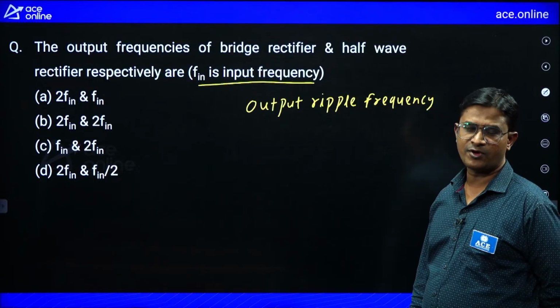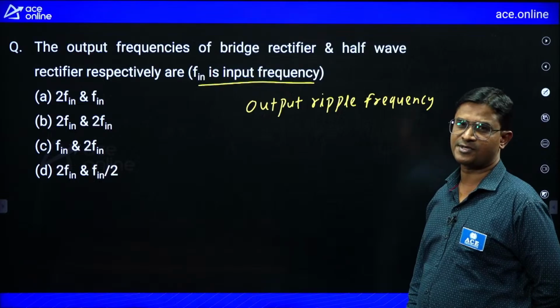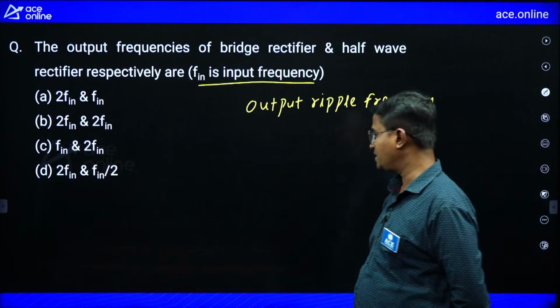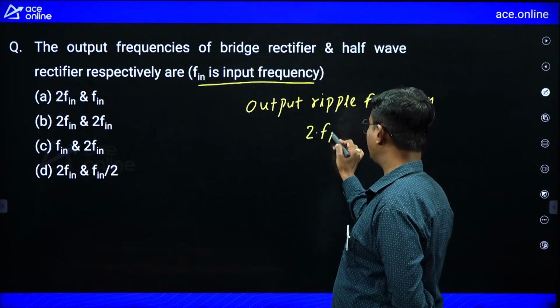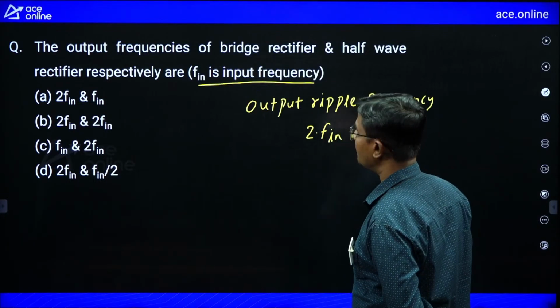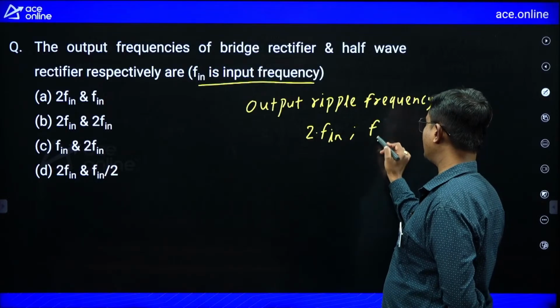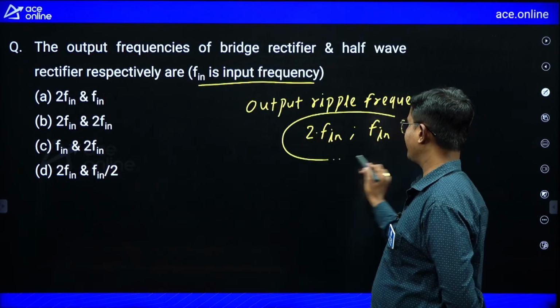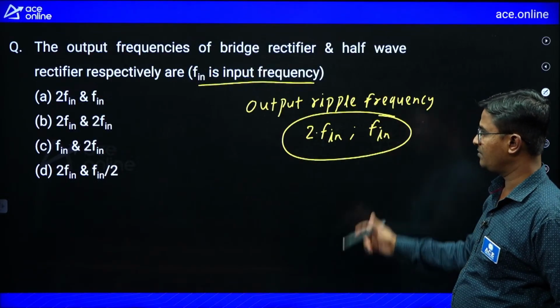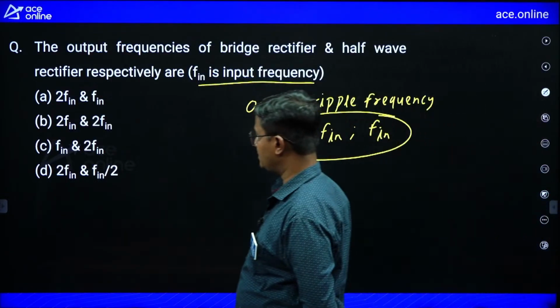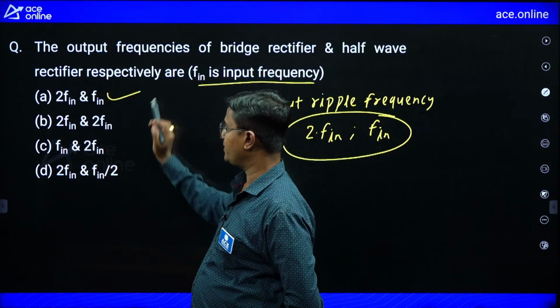A bridge rectifier will give you how many pulses for one input cycle of supply? 2 pulses. So in a bridge rectifier, the output ripple frequency is 2 times the supply frequency. And in a half-wave rectifier it is the same as the supply frequency. So the correct answer is 2 into input frequency and input frequency. So here the answer should be option A, right?